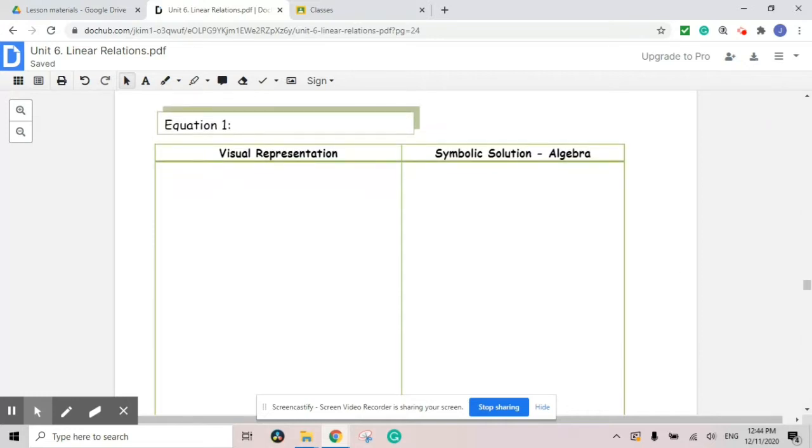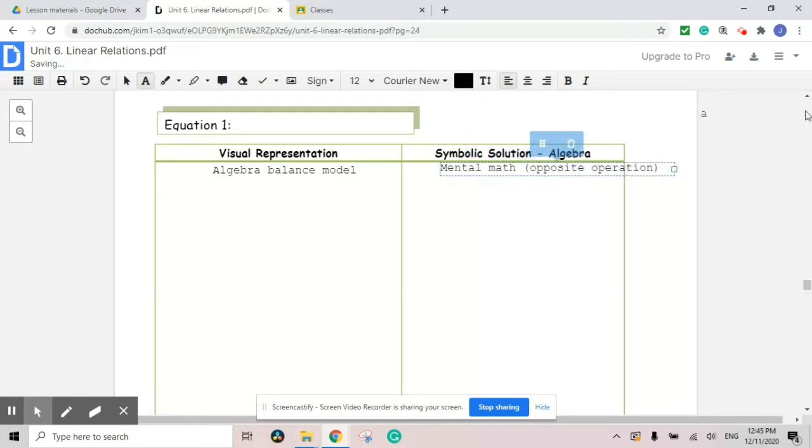We're going to go through a visual representation and a symbolic solution. The visual representation is the algebra balance model method. For the symbolic solution, we're going to use mental math skill, which is opposite operation skill.